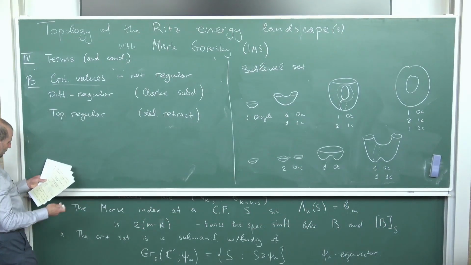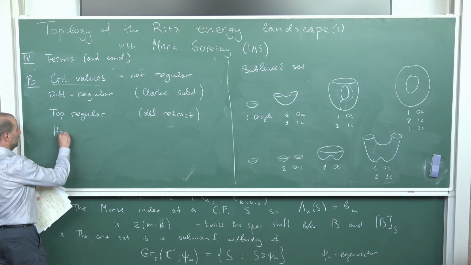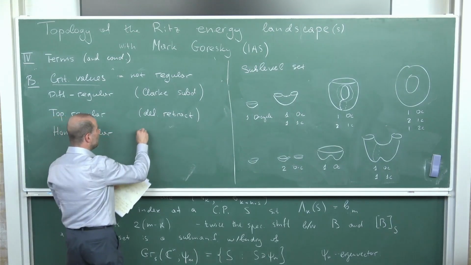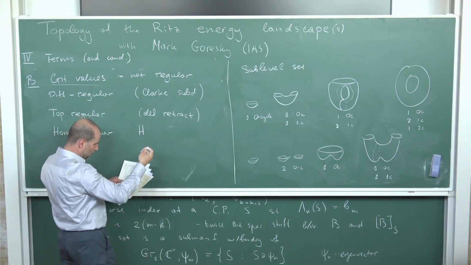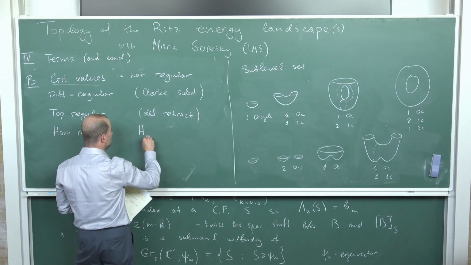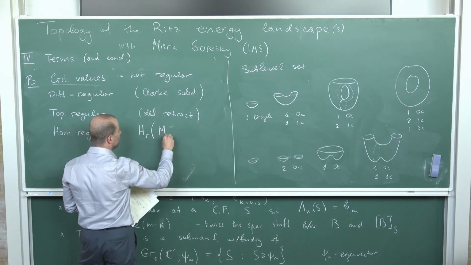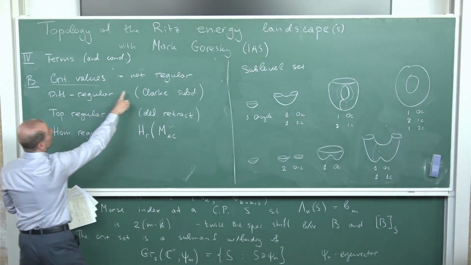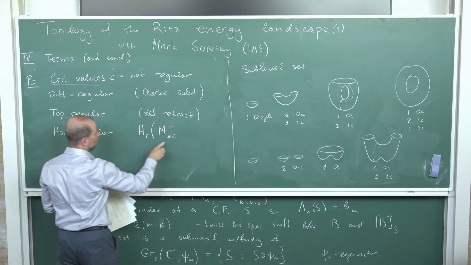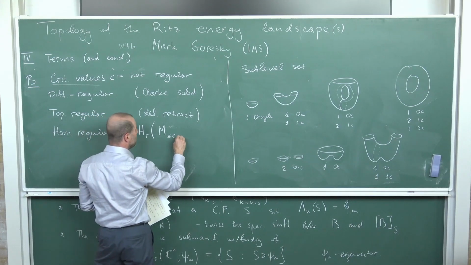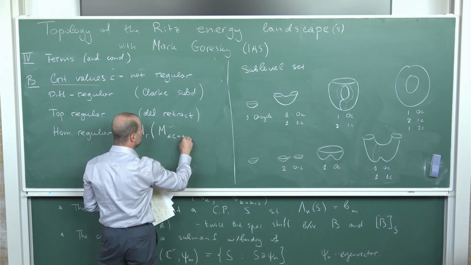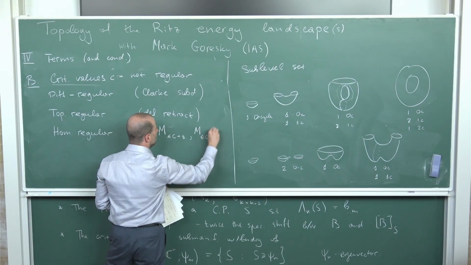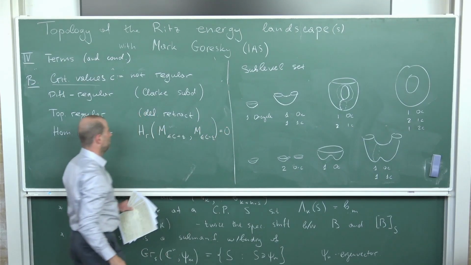And homologically regular: a value is homologically regular if the homology of M above the value C, relative to below the value C, is 0.